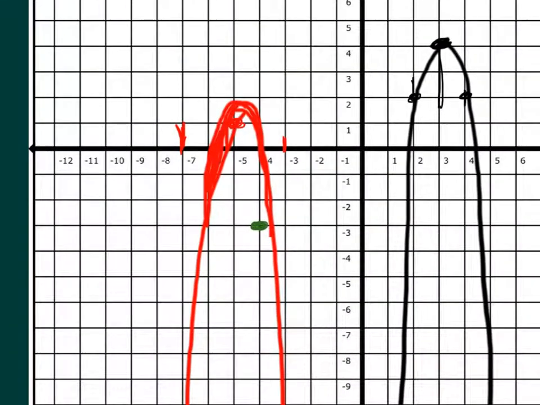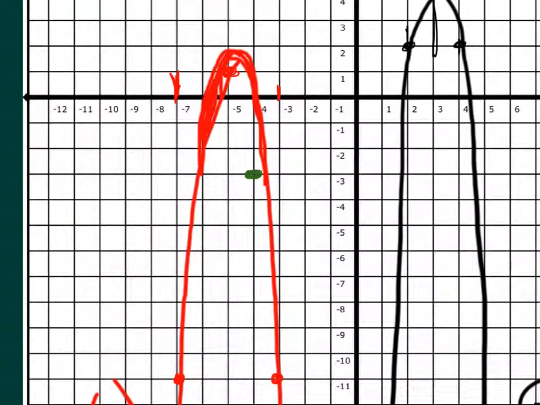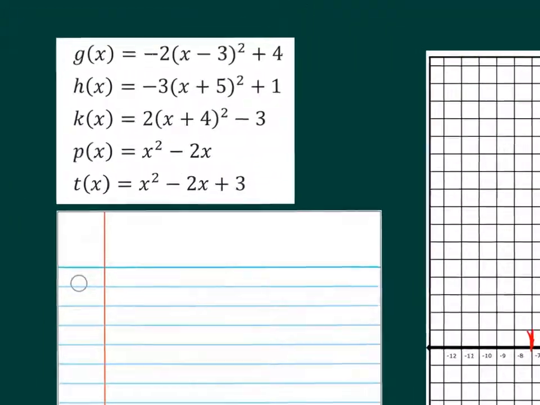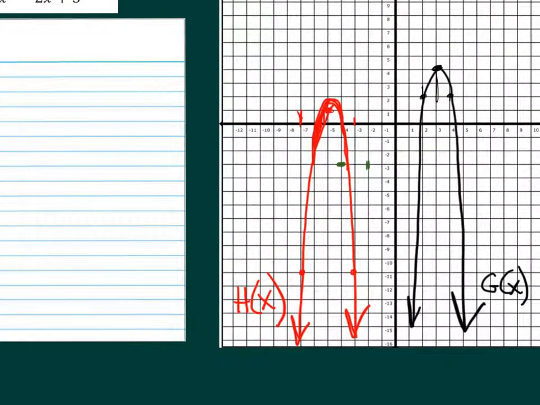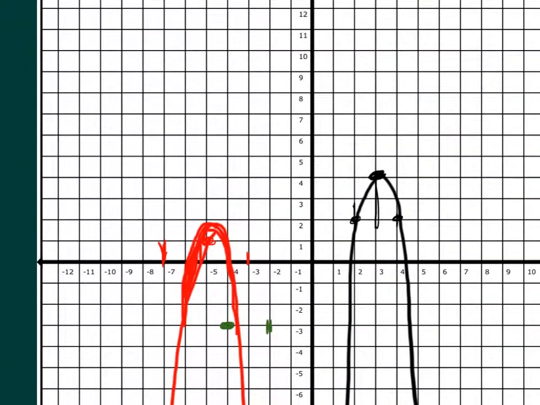Alright, let's go 2 away on either side. So if I go 2 to the right, I'm going to be choosing -2. If I put in -2, -2 plus 4 is 2. 2 squared is 4, times 2, minus 3, is 5. Yes. Alright, so we put in -2 and came back with a 5.